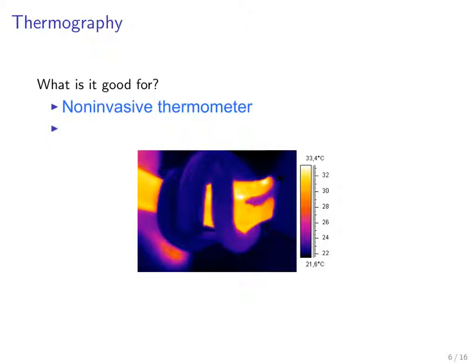Another application that has been looked at fairly extensively, but actually isn't really used in practice, there's a lot of excitement about it, but it has not panned out really, was detection of breast cancer. It was a very controversial thing. The idea being that during angiogenesis you have temperature rises, right?